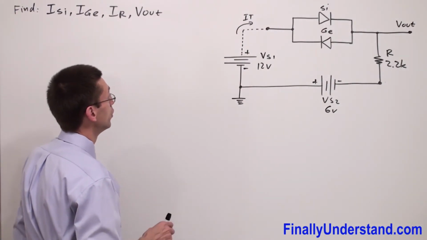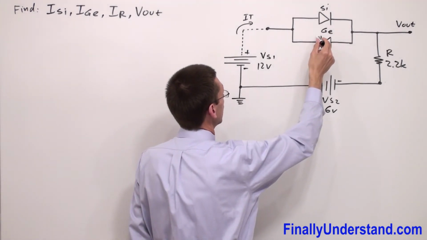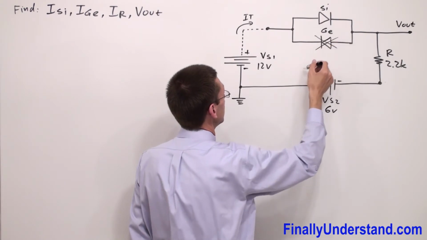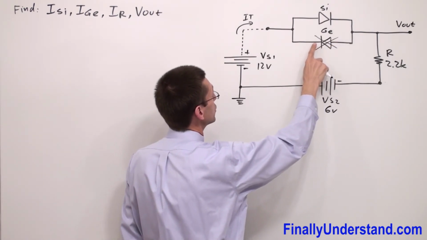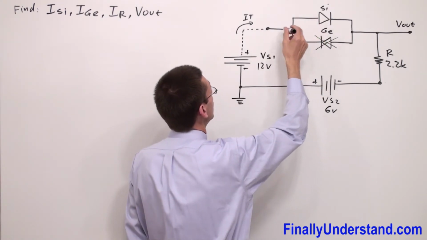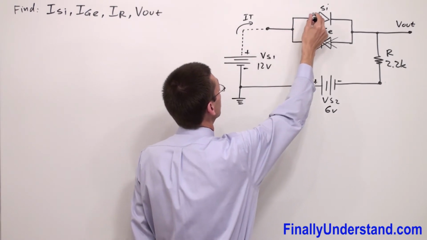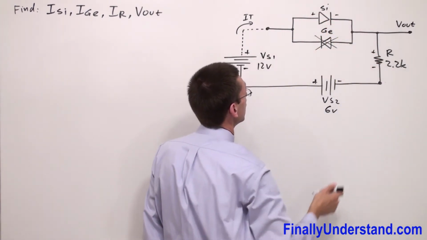We're supposed to realize that we're not going to consider this diode. This diode is going to behave like an open circuit, so the whole current is going to go through the silicon diode. So current goes this way, so I have positive sign, negative, and I have positive and negative sign.